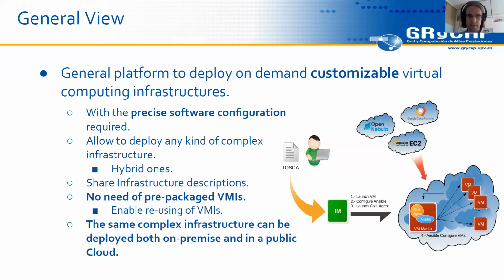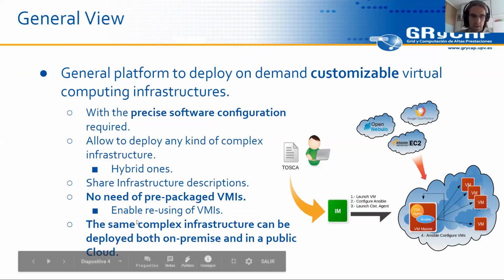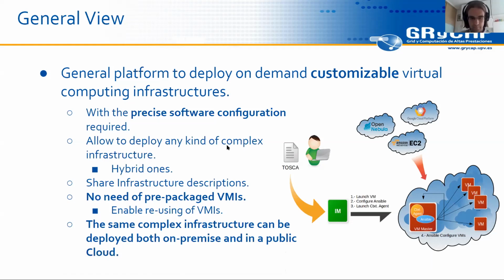So any existing virtual machine image can be used. And the same complex infrastructure can be deployed both on premise, for example on OpenNebula or OpenStack cloud providers, but also on public clouds such as Amazon, Azure, or Google.